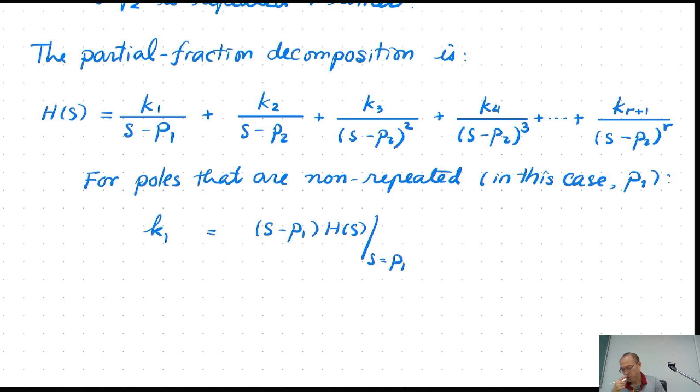If there are 3 non-repeated poles, then you have to do this 3 times, one for each of the non-repeated poles.